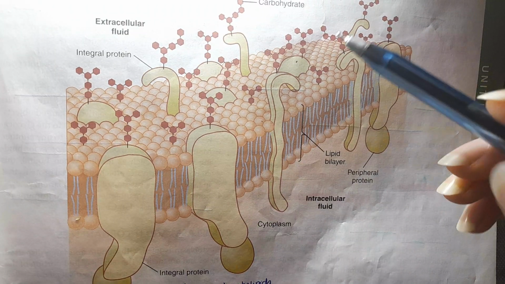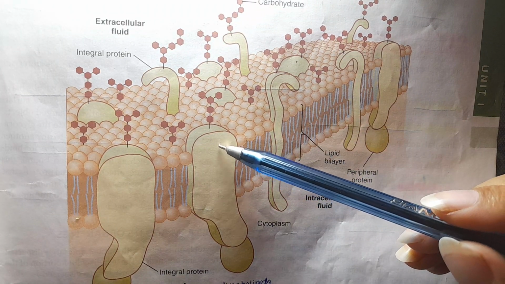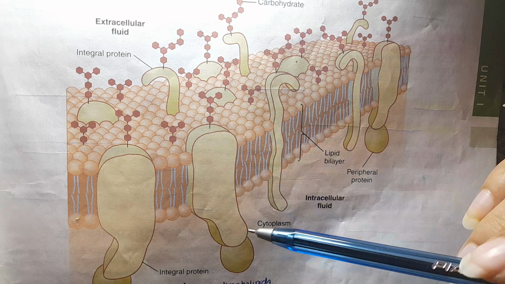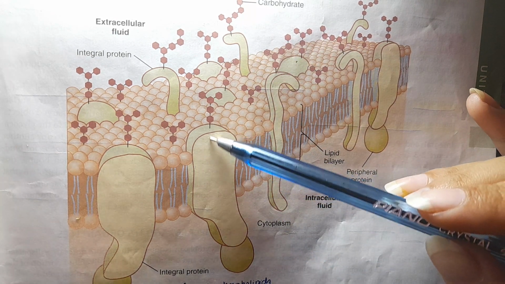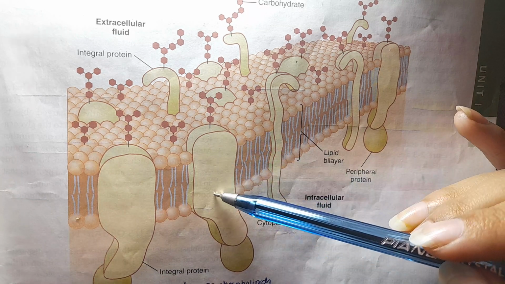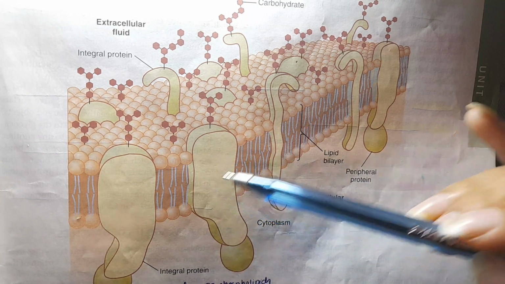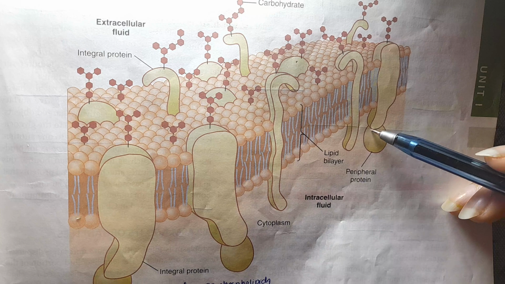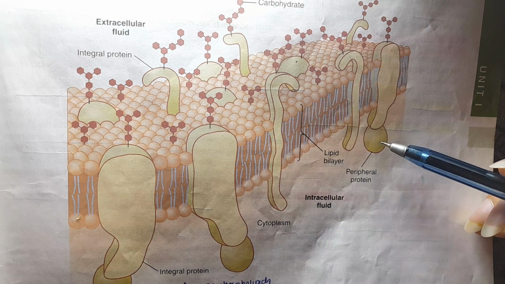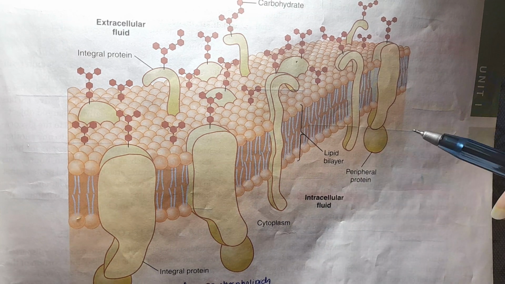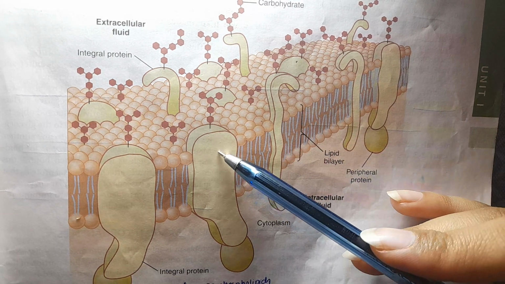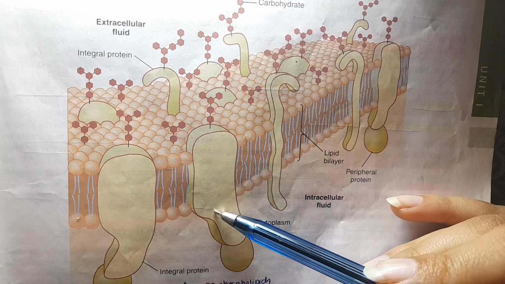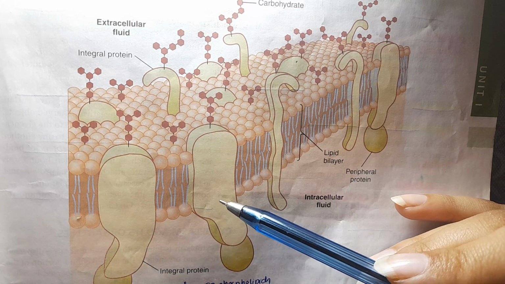Now we come to the proteins, which make up 55% of the lipid bilayer. The proteins that protrude all the way through the cell membrane are the integral proteins, whereas the proteins present on one side, either the extracellular or the intracellular side, are the peripheral proteins. Integral proteins are very important because they do a lot of functions.